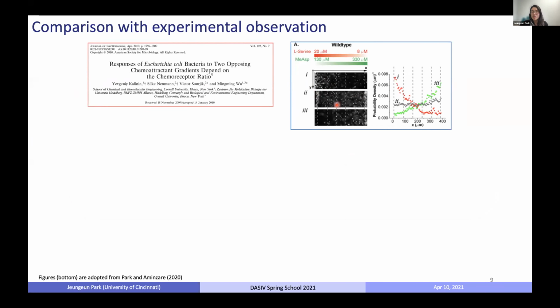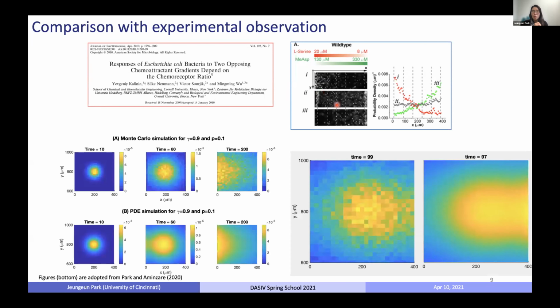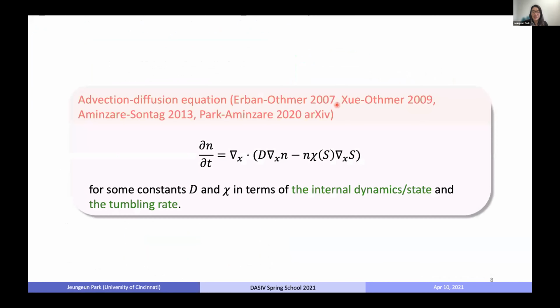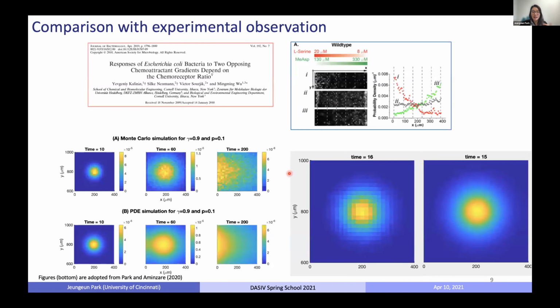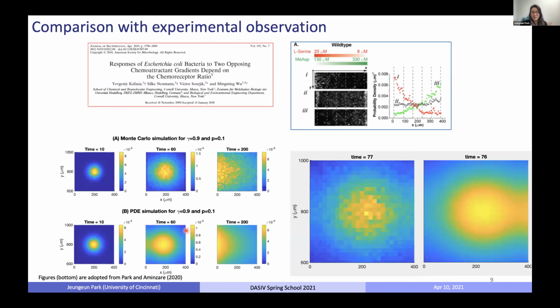Based on exactly the same experimental setting and microscopic model for the individual cell, we have two simulations, one from Monte Carlo simulation, and the other one is the PDE solution that we derived earlier. As you can see, we have a good agreement with each other.